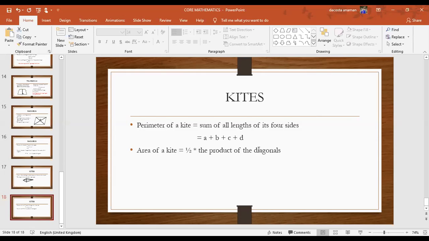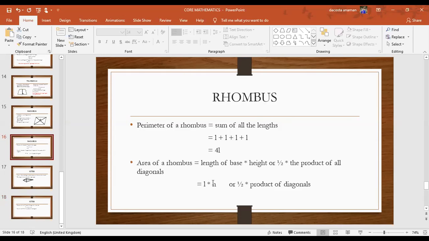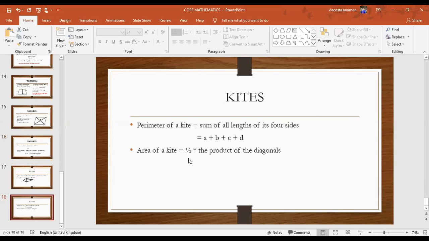So it's like the rhombus, but for the rhombus you have an alternative method for finding the area if you are given the length and the height: length times height, or half times the product of the diagonals. But for the kite, it is half times the product of the diagonals. That is the formula for finding the area of a kite.